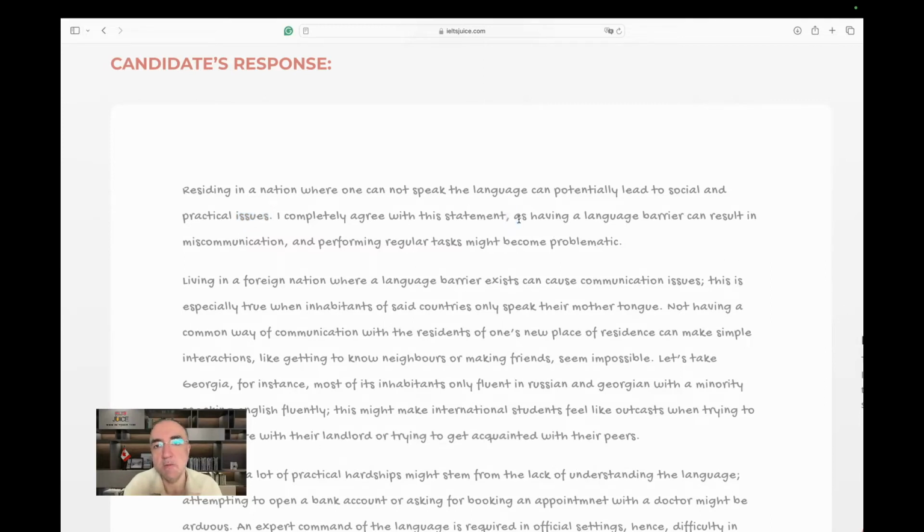As having a language barrier, I don't need a comma. This is a complex structure, so you carry on reading, as having a language barrier can result in miscommunication. Now we know, now we need a comma. And performing regular tasks might become problematic. Good word. So the thesis statement says that you agree that when foreigners live in another country where they have to speak that nation's language, there will be problems.